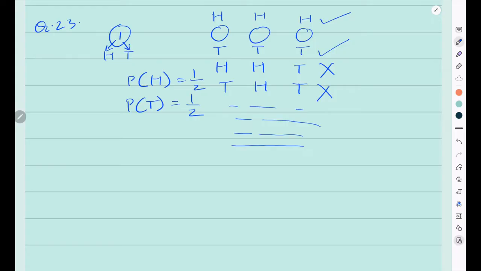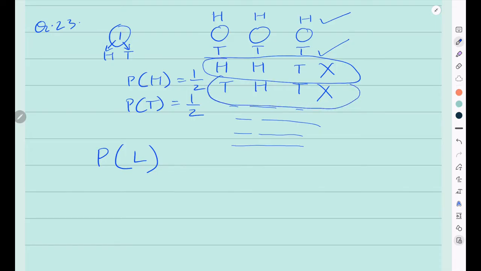Okay, so now we need to calculate the probability that Hanif will lose the game. Let us say that the probability of Hanif losing the game is PL. So PL is the probability of Hanif losing the game, and this could be any one of the conditions where all the tosses are not the same.